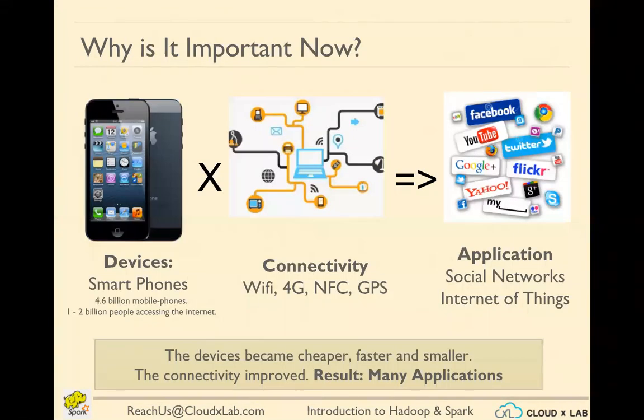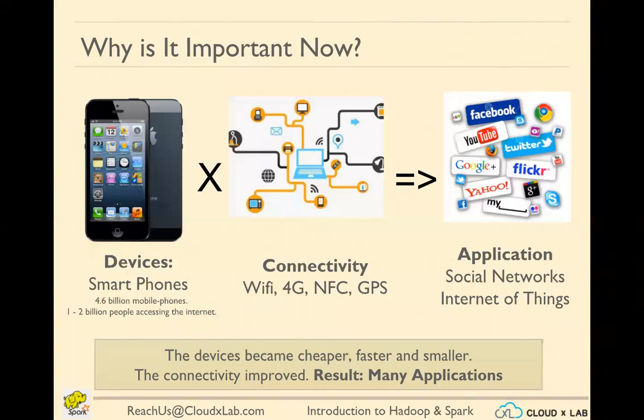Because devices became available and connectivity became available: Wi-Fi, 4G, NFC, GPS, and so on. Along with that, we got all kinds of devices, phones and sensors and so on. On one hand, the devices became cheaper, faster, and smaller. On the other hand, connectivity became faster and cheaper.